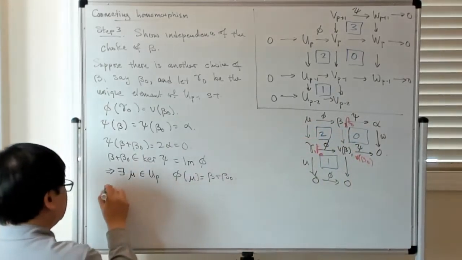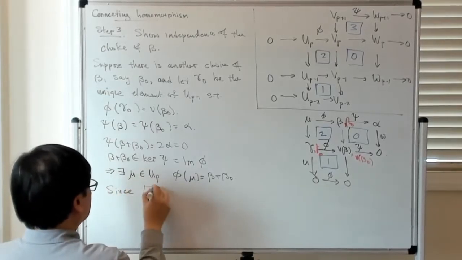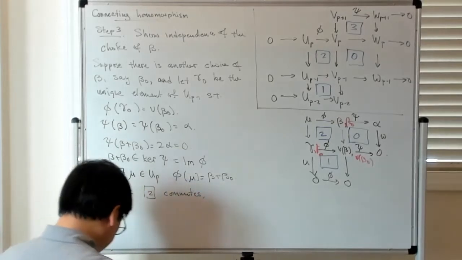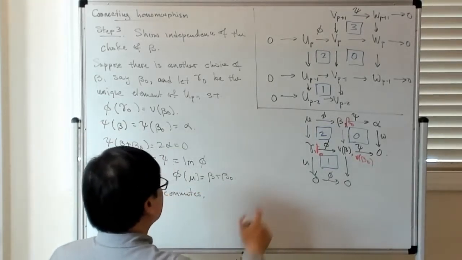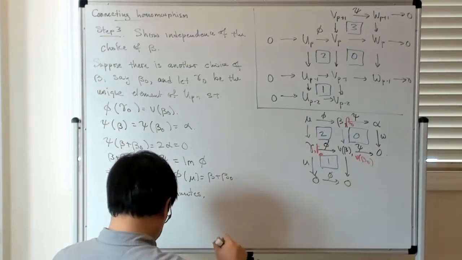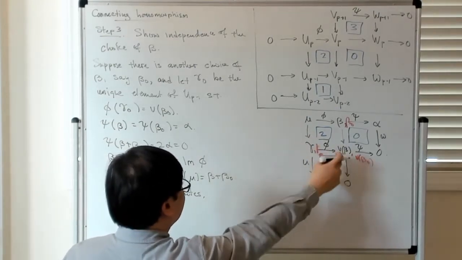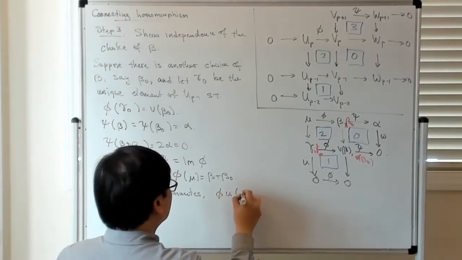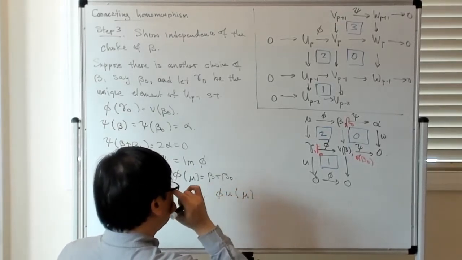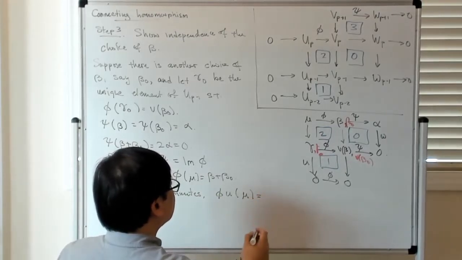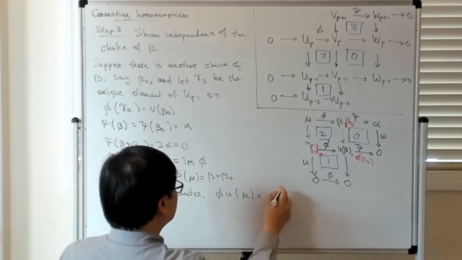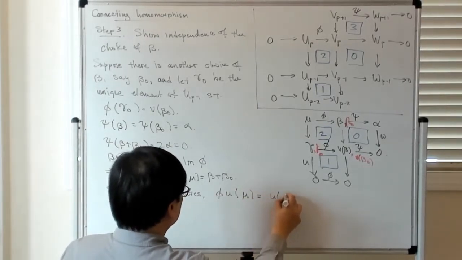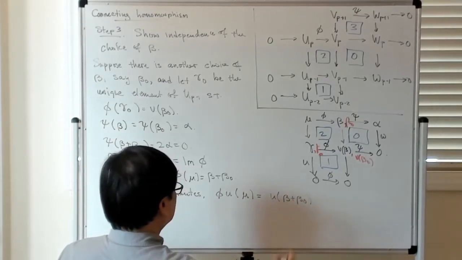Since this block commutes, if I take first the boundary and then the phi of it, phi of the boundary of mu is equal to the boundary of beta plus beta 0.